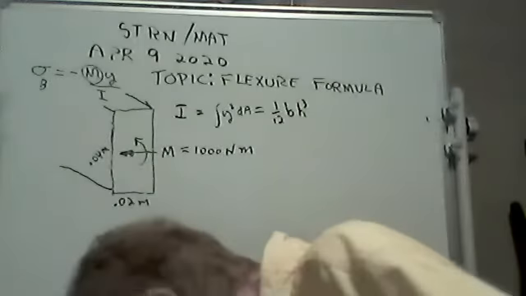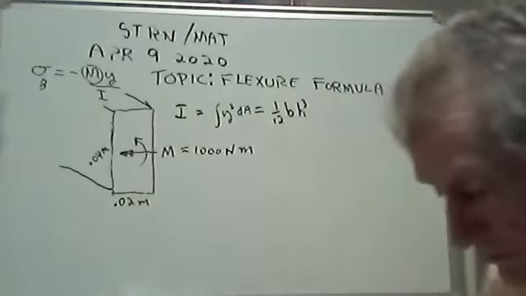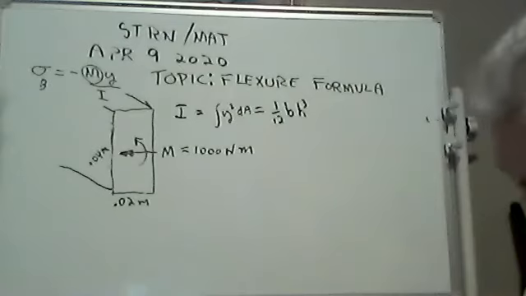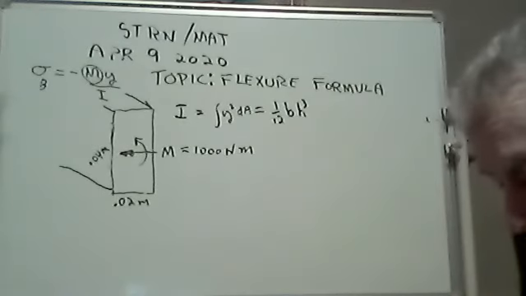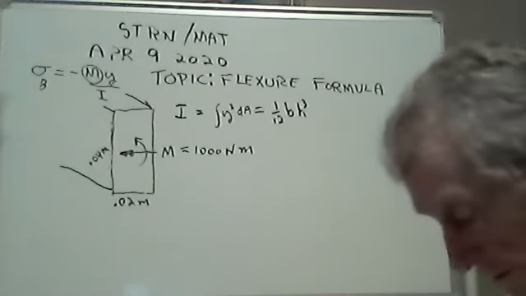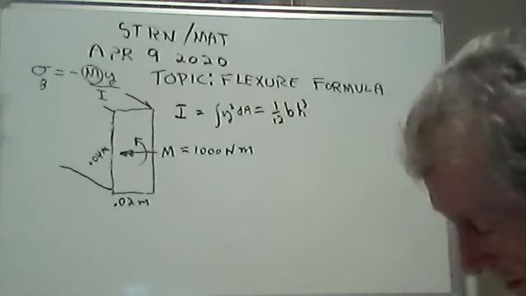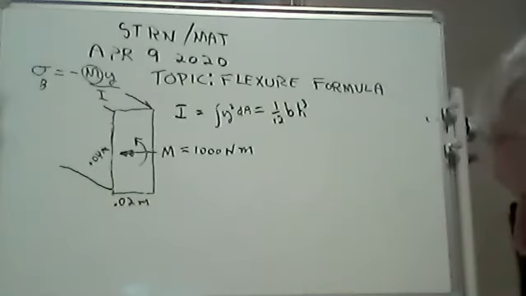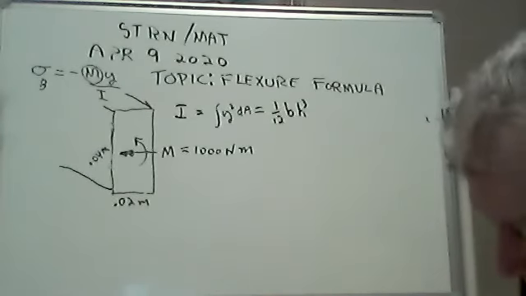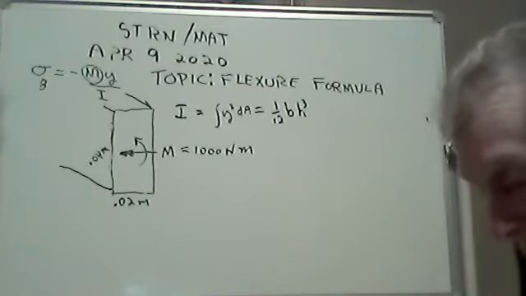It'd be fun to derive that, but I'm just going to look it up, it's in the front of your book. For a rectangle, I'm looking at it. It's in the flap of the front of your book. It's 1/12 BH cubed. Okay.